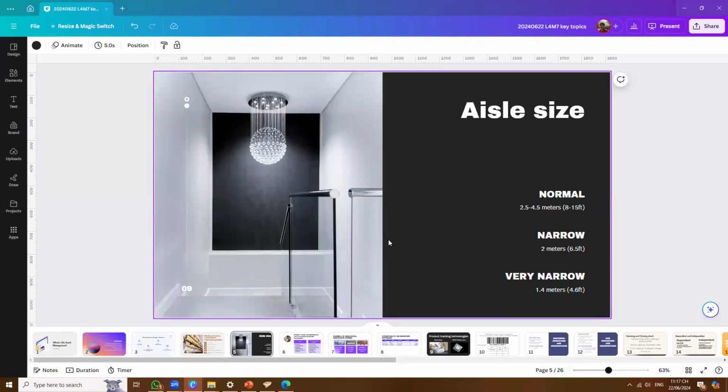When you design the warehouse, you need to have in mind what kind of item you want to store, what the height of the racks could be, and your selection of the aisle and also the selection of the equipment. They all connect to each other.